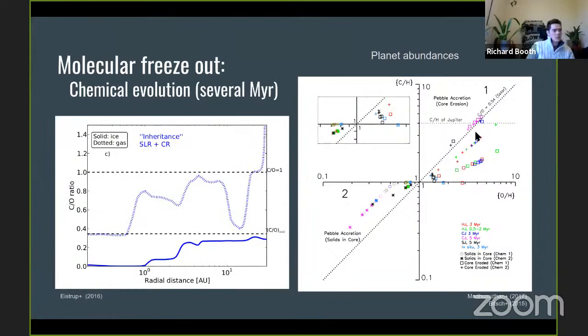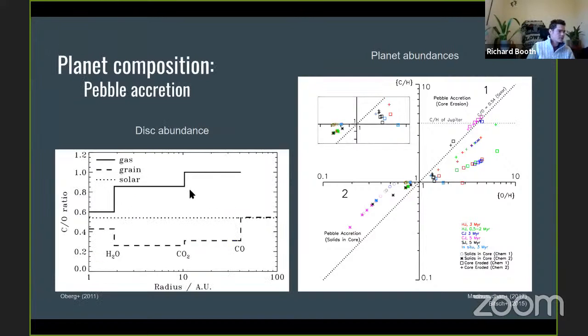If you want to change the composition of the disk, so you can change the composition of the gas and solids, you have to wait a long time, okay? So this plot on the left-hand side is from Christian Eistrup, and this is what the C/O ratio looks like after several million years of disk evolution. The dashed line here is the gas, again, so it needs to be compared to this solid one.